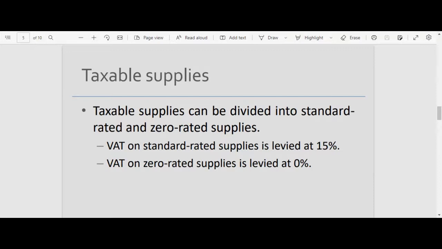Another good example of a zero-rated supply, just as a matter of interest, is exports. Any goods that are exported to another country is zero-rated. In other words, the exporter can claim back all the value-added tax, all the input taxes.